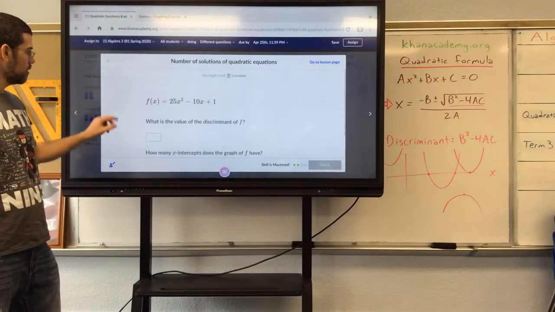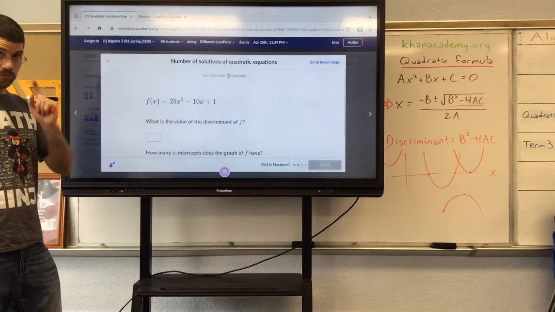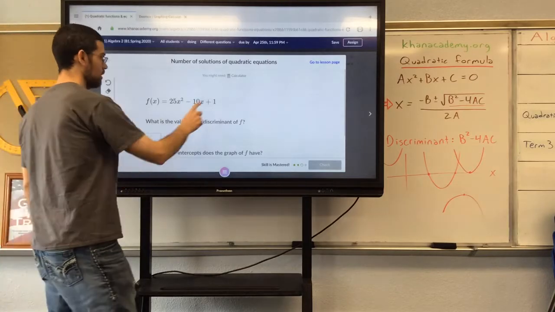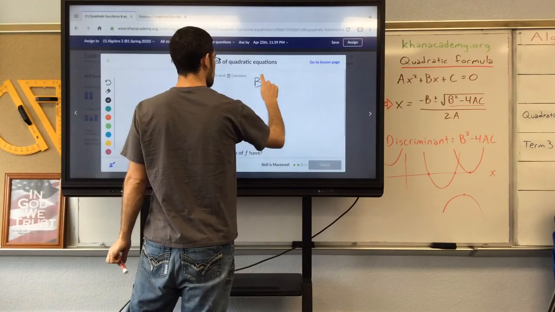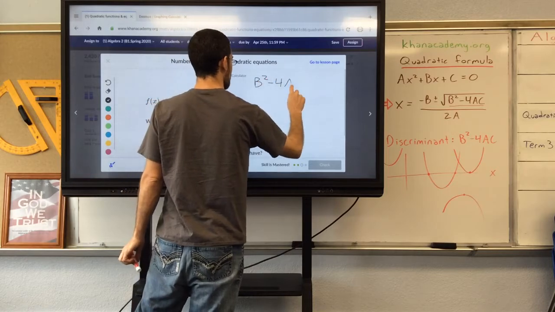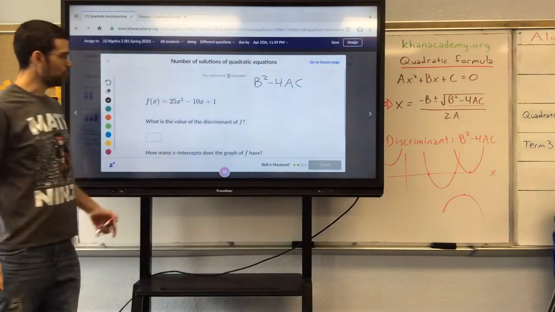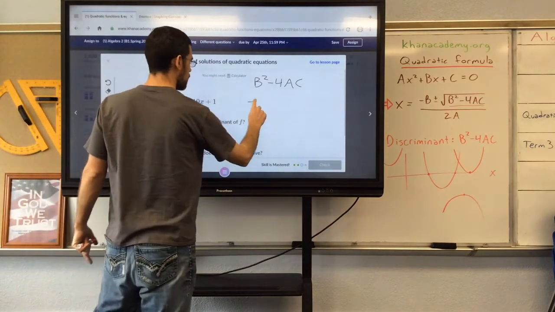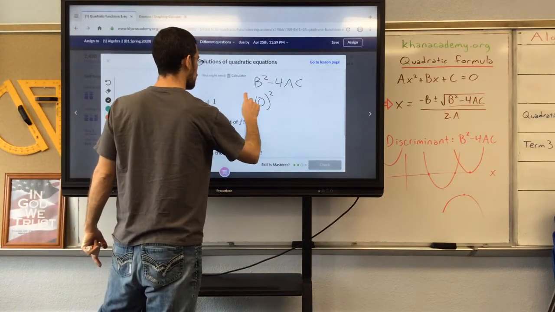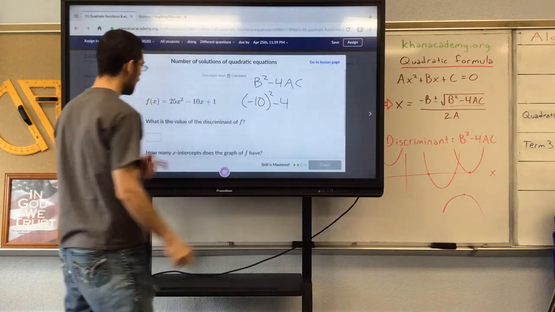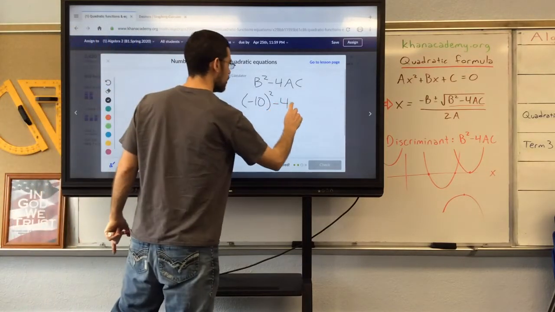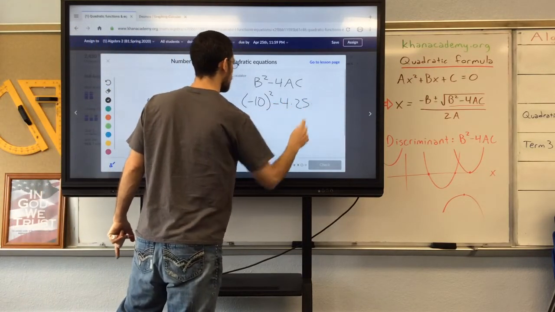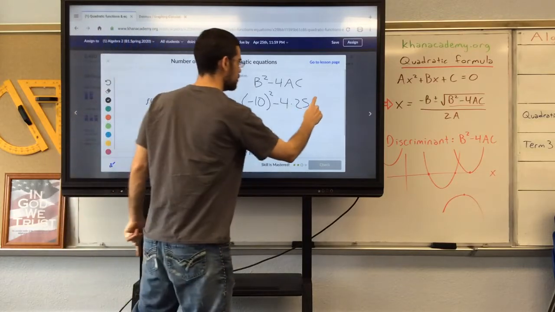Next question, what's the value of the discriminant? Remember, the discriminant is only b squared minus 4ac out of the quadratic formula. In this case, b is negative 10. A is 25. And c is 1.